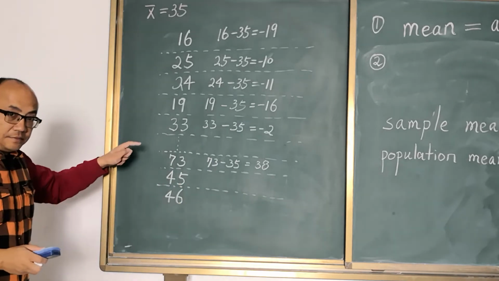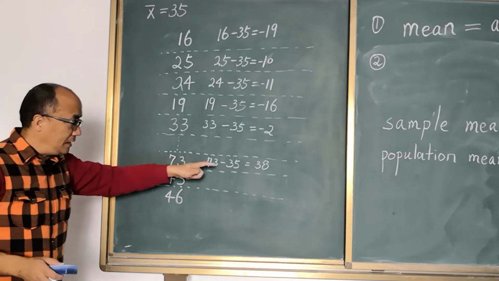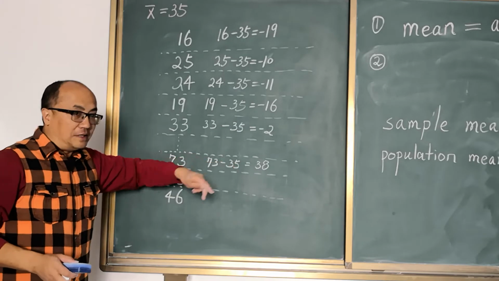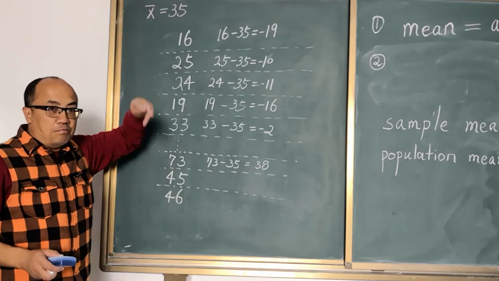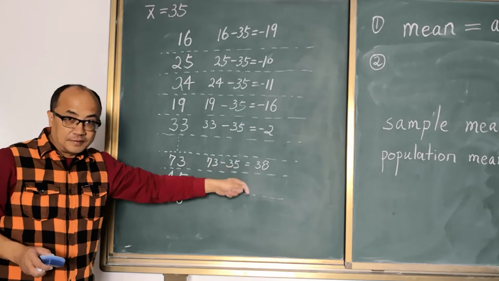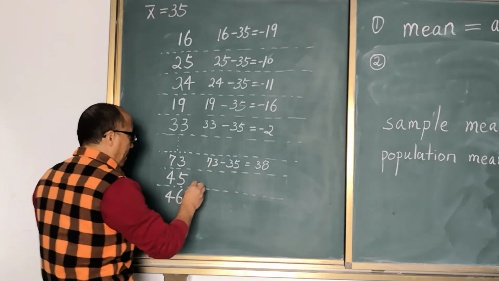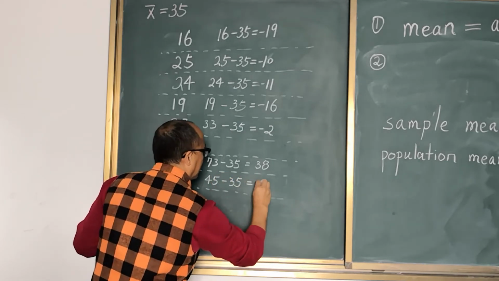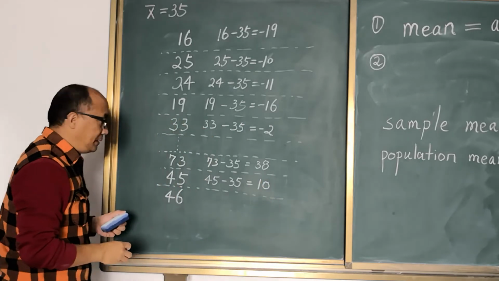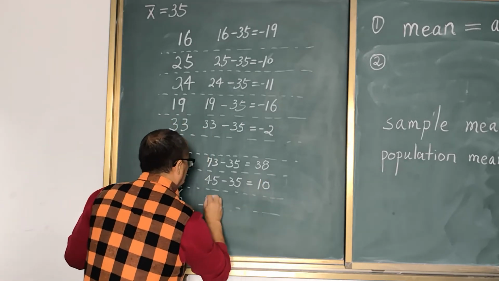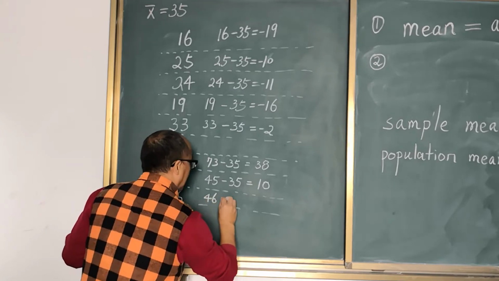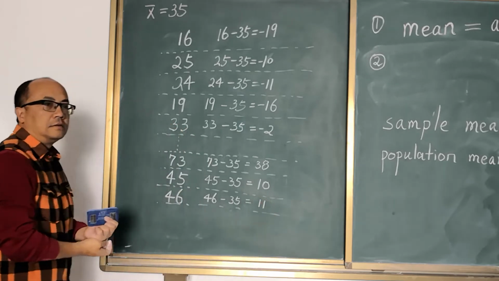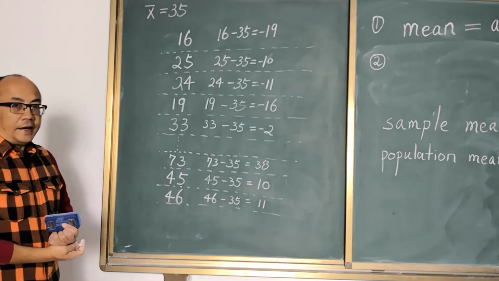The meaning of that is, in this season, his performance is 38 more than his average. More than his average.